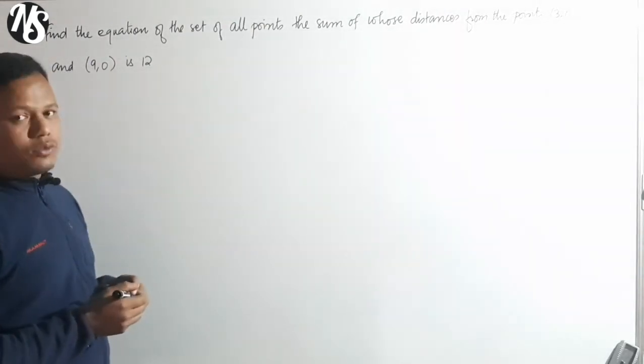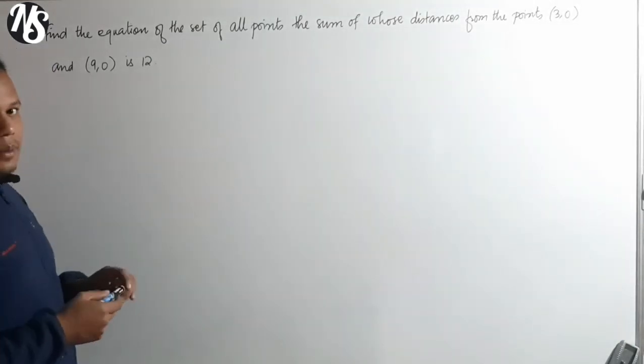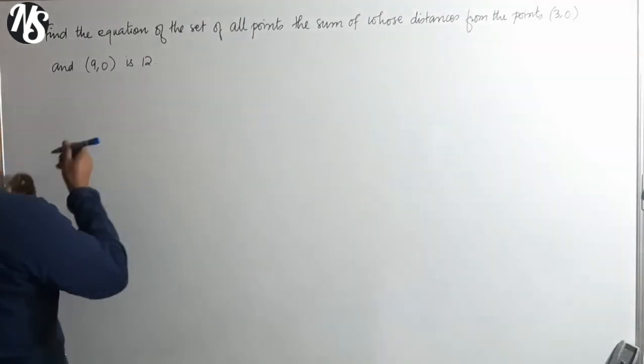Okay, so let's see how to find this. Now let P(h, k) be a moving point. So that's what you can start with.